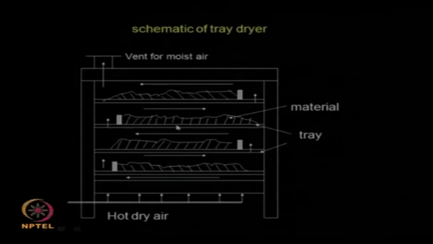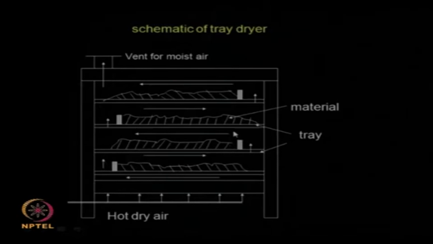So it travels through the porous solid material, thereby carrying the moisture as well as drying the material, and then it is finally vented out on the other side. You can have a condenser here and condense all the moisture or solvent that is present in the solid material. This is called a hot air oven.